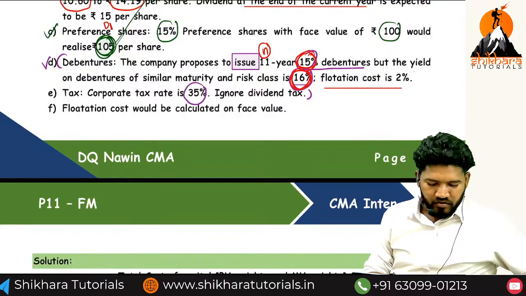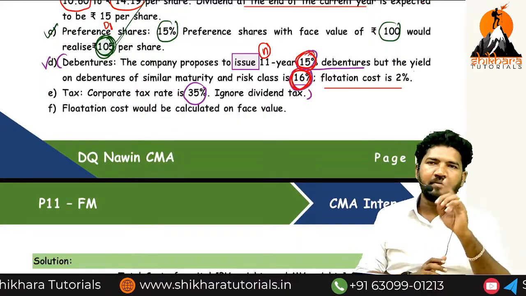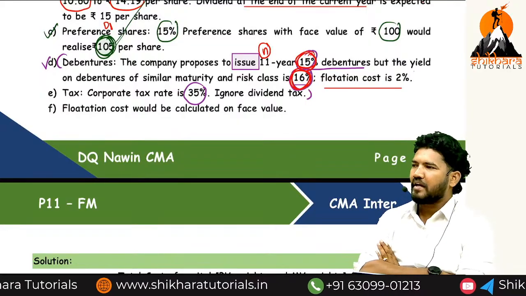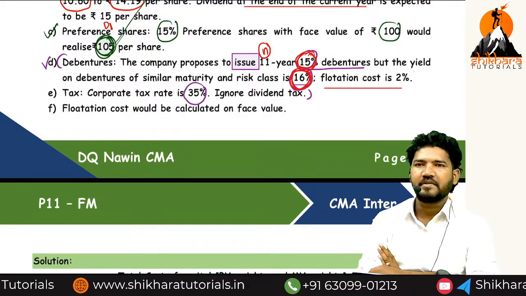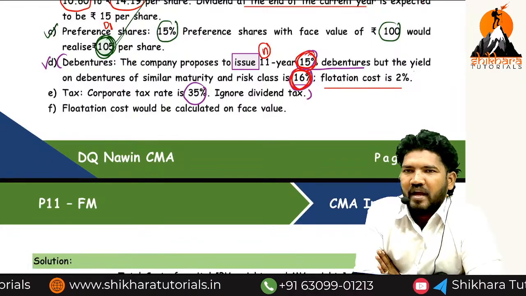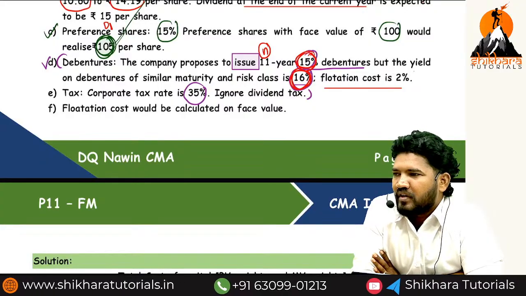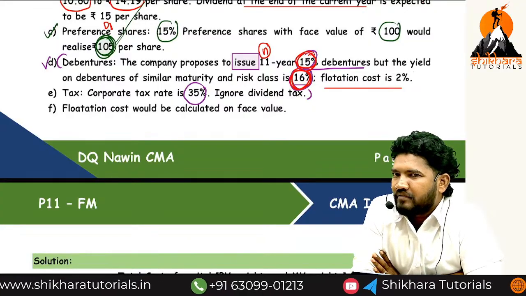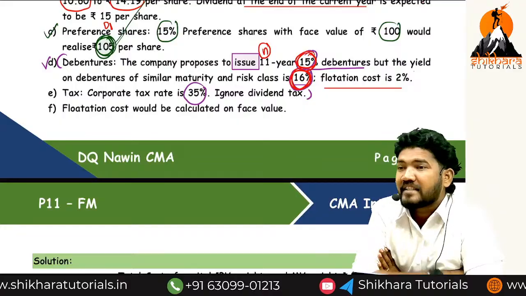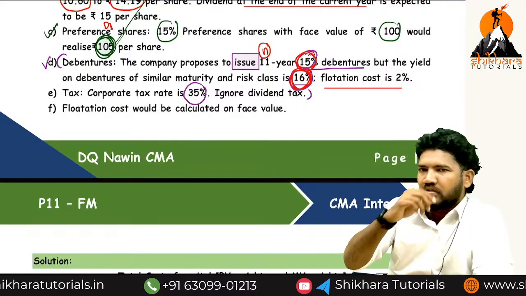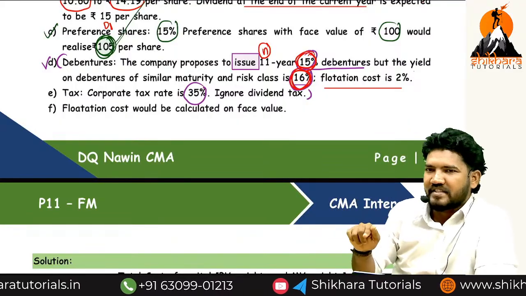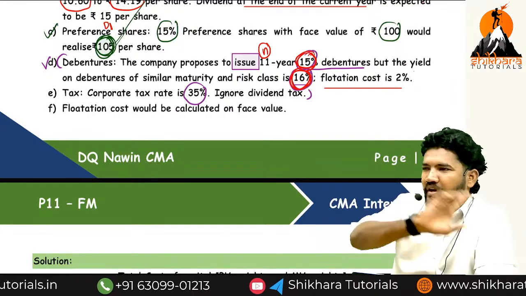In the market, generally I am selling 15% debentures, but other companies are selling 16% debentures. Tell me, as an investor, which debenture will you choose? As a company, less interest is needed. As an investor, more interest is needed.